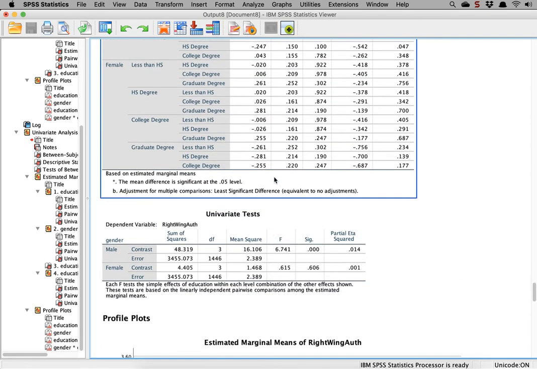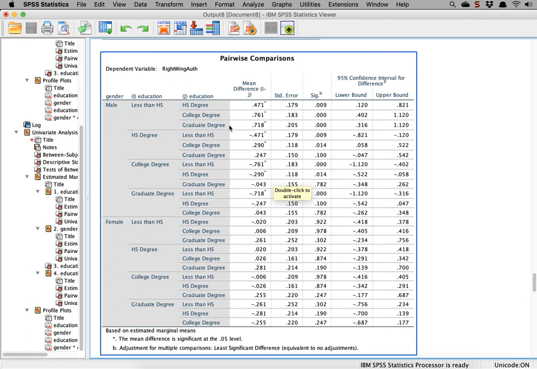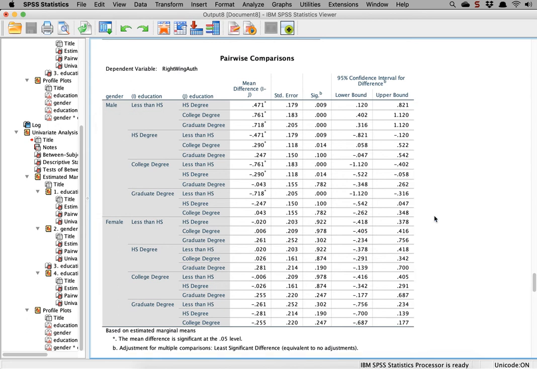If I look right here, I see my pairwise comparisons broken up by male and female. And I can see, among males, which of these means are different from each of the others. I visualize that through the confidence intervals, which gives me a similar interpretation.